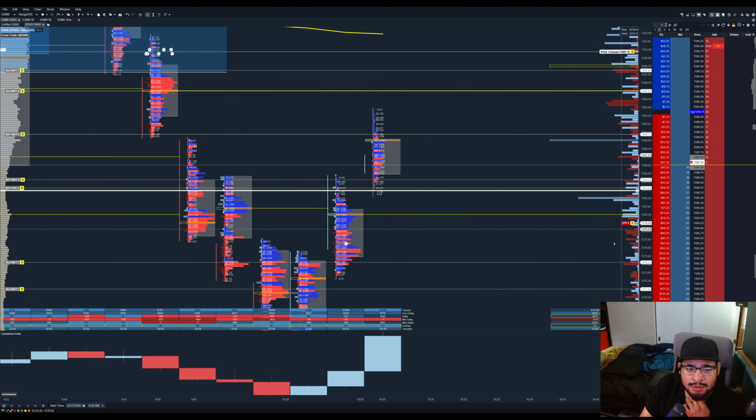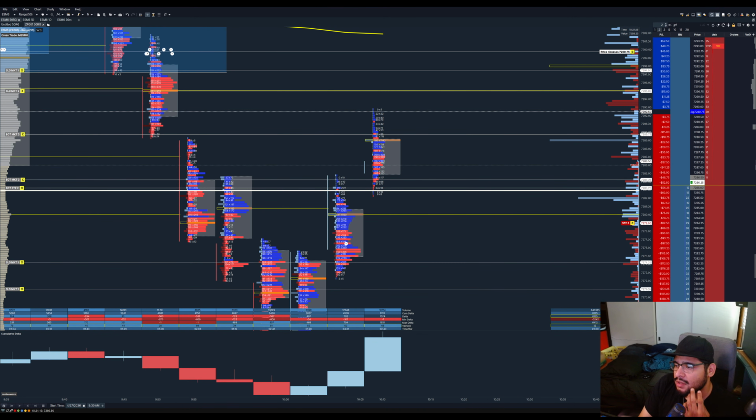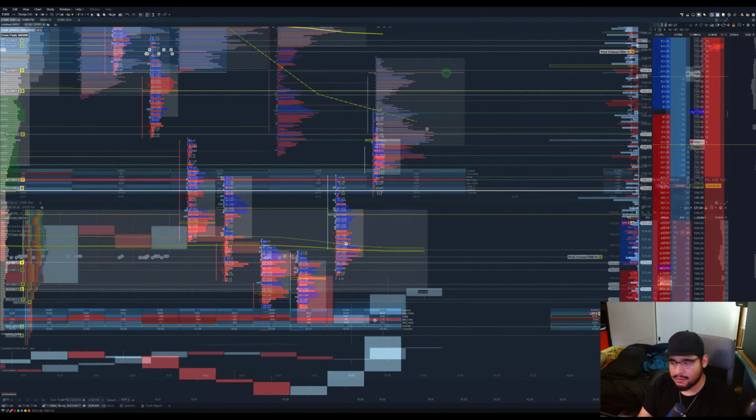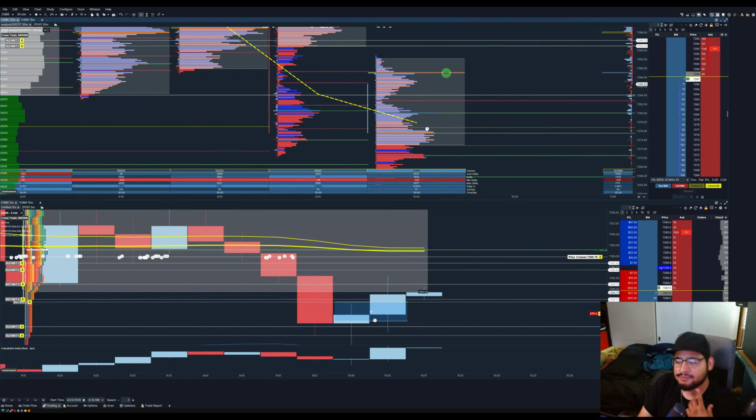Moving my stop up a little bit. See if we can continue to protect these 5-minute lows.